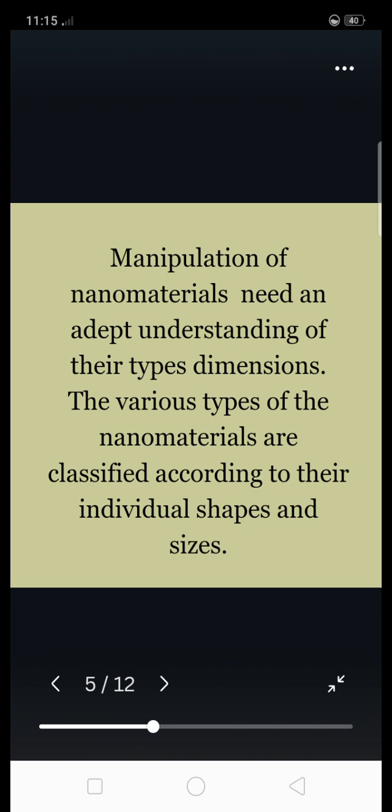The various types of nanomaterials are classified according to their individual shapes and sizes. They may be particles, tubes, wires, films, flakes, or shells that have one or more nanometer-sized dimensions. One should be able to view and manipulate them so that we can take advantage of their exceptional characteristics.